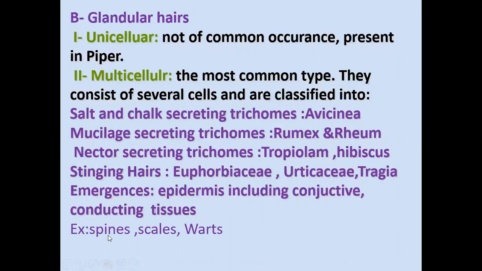So that's why in a few plants, spines, scale leaves, and warts are seen on the epidermis. These are all called emergences. Emergences are somewhat different from trichomes or hair-like structures because vascular tissue is also supplied into these structures, and they are in living condition when compared to epidermis.